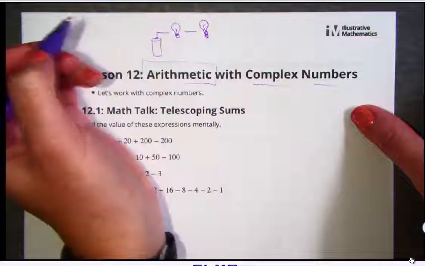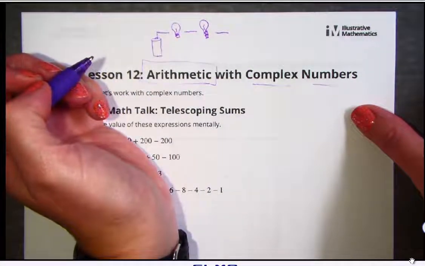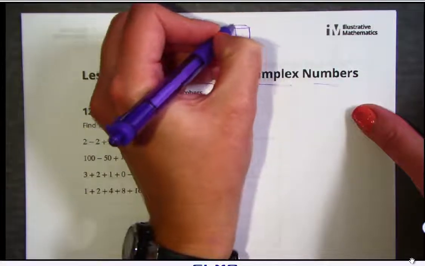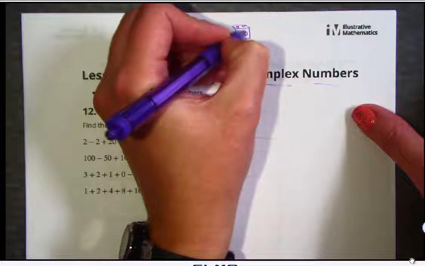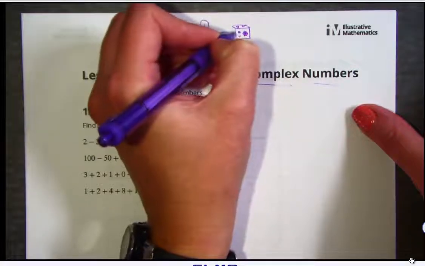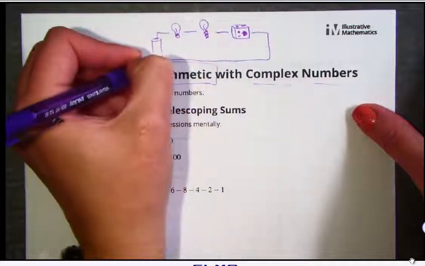Maybe you're thinking strings of Christmas lights where you can plug them in end to end. And maybe then I'm going to have it power a radio. There's my speaker. I don't know how to do a radio. There's some dials and stuff. And then it's going to continue back in here.